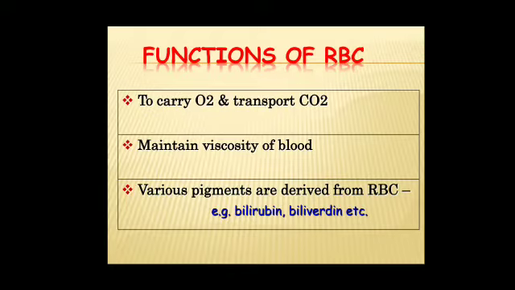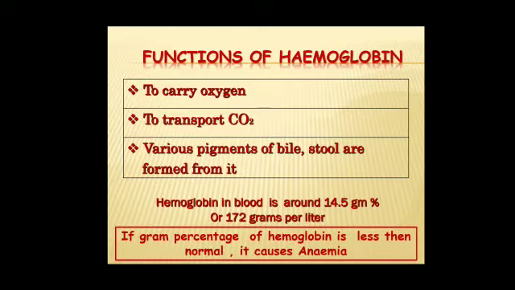Hemoglobin in the blood is around 14.4 gram percentage, that is 172 gram per liter, and this is the normal range of hemoglobin in males, whereas in females the hemoglobin is around 13.5 gram percentage and 151 gram per liter. If the gram percentage of hemoglobin is less than normal, it causes anemia. Anemia is a condition in which hemoglobin is less in the blood.